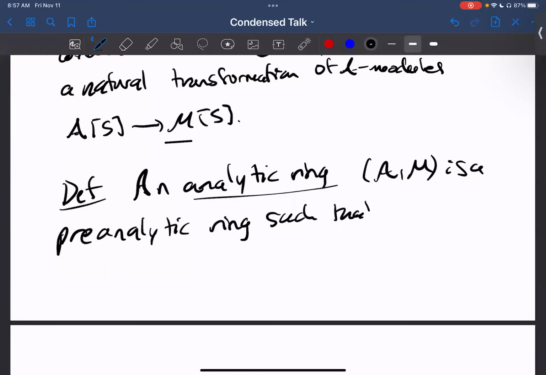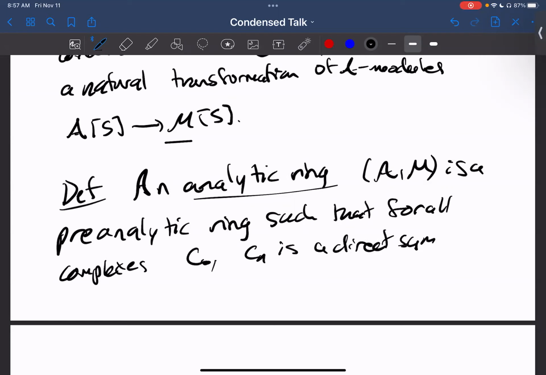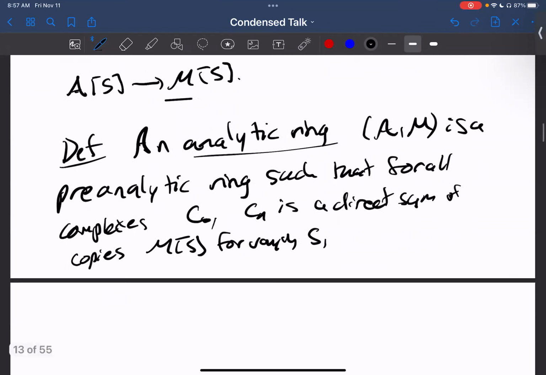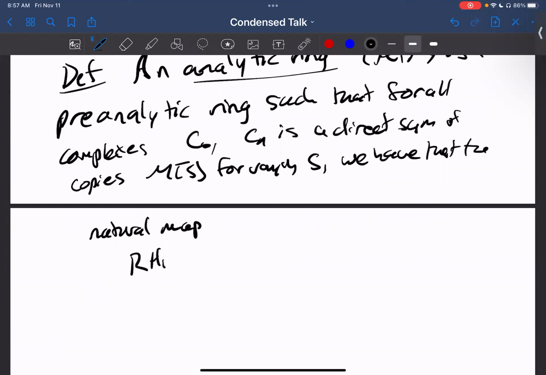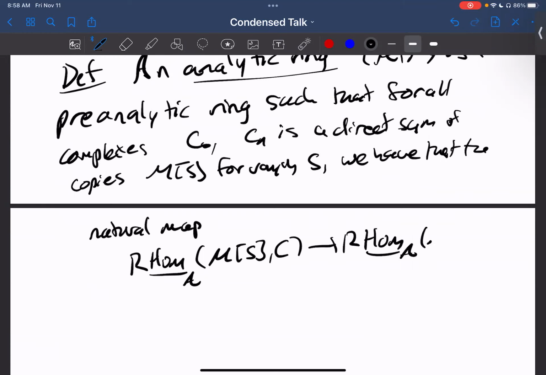such that for all complexes C star, where C n is a direct sum of copies of M of S for varying S, we have that the natural map from R hom in A modules of M of S to C to R hom in A modules from A of S to C is an isomorphism.